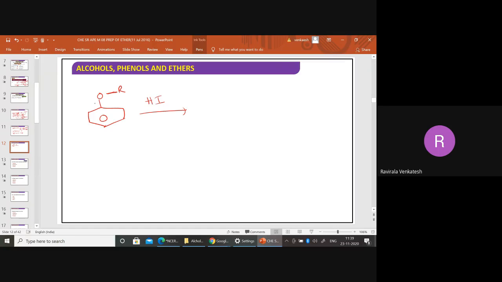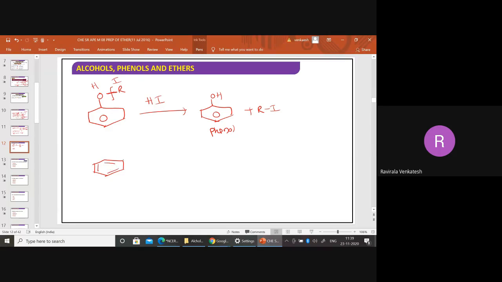You can't break this bond. Always you have to cleave this bond, put your hydrogen, put your iodine. Definitely we are going to get the phenol. So whenever you take phenyl alkyl ethers, you are going to get the phenol only, and whatever alkyl group is there, you are going to get RI. Understood this? Why? What is the reason behind this in this case?